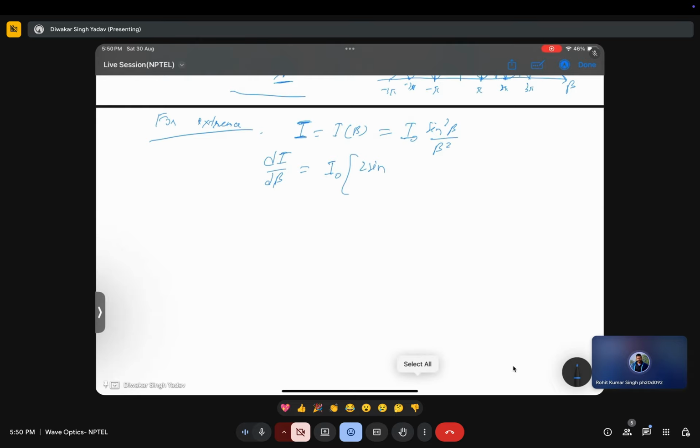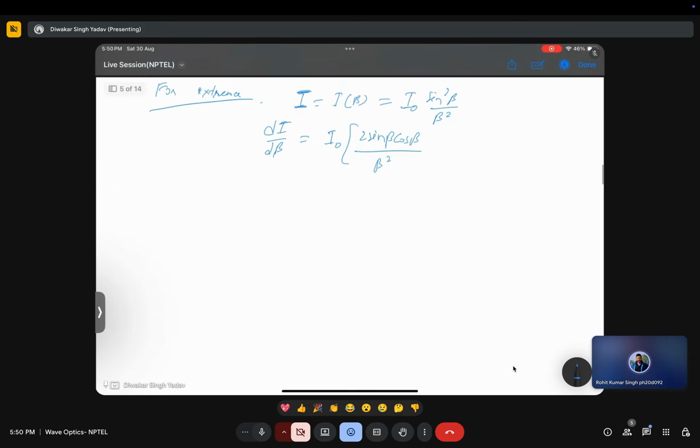Sine square beta, if you differentiate, you get 2 sine beta cos beta, and then you have to differentiate the denominator, so one by beta cube, and 2 will be multiplied, and this should be 0 for extrema points.